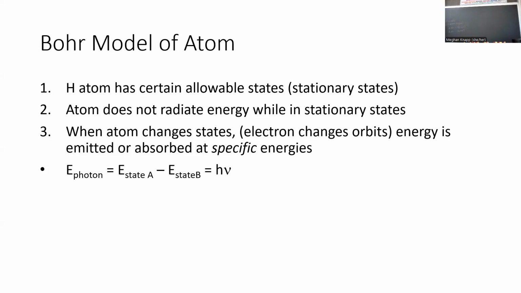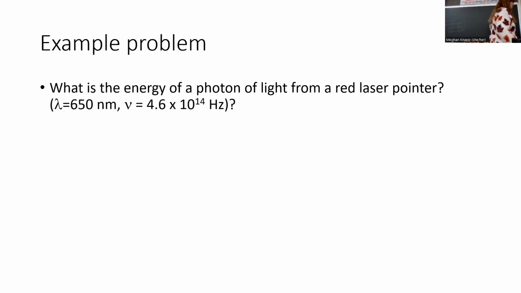Okay. Then we did a practice calculation using the red laser pointer from earlier that we had already calculated the frequency of. Now, if you don't have the frequency and you have to find the energy, you can just use c equals lambda nu to find the frequency, just like we did on Monday.